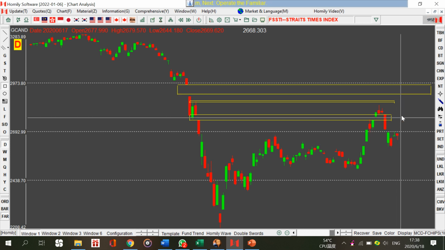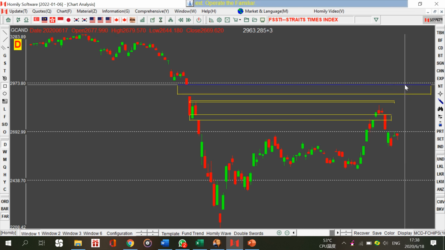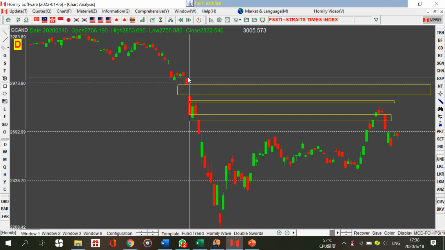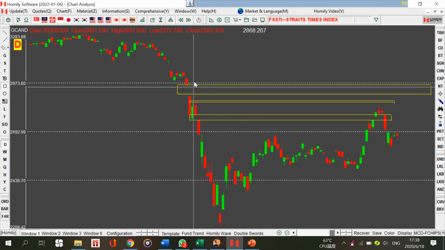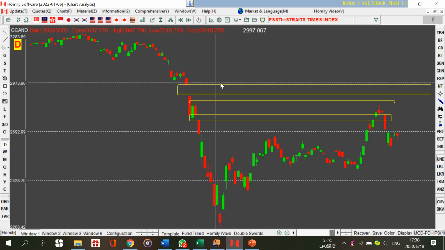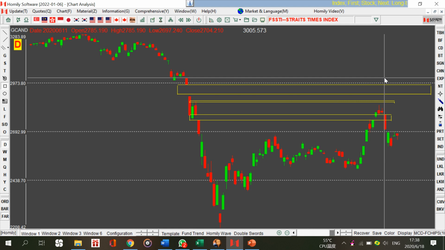But once the price reaches the gap and the gap is covered, the bottom or the low or the open price of this candle previous to the gap would be the very strong resistance. It means it's the future target price for a potential future rebound. Okay, so this is STI.